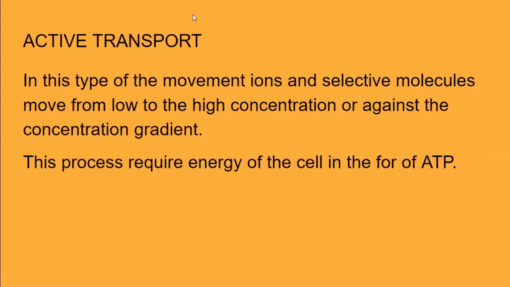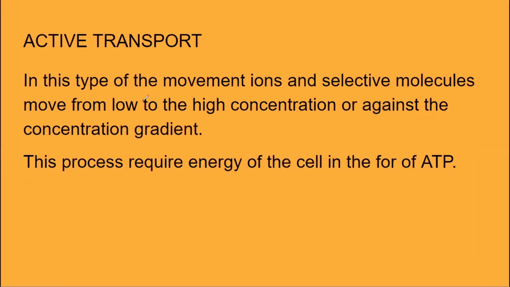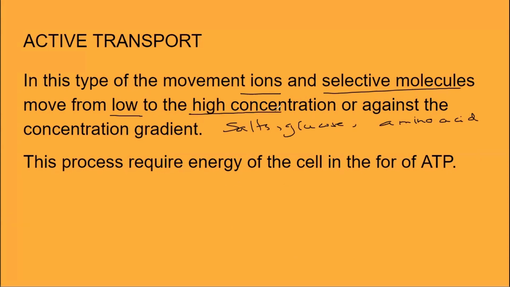What is active transport? Active transport is the movement of selective ions and particles, for example salts, glucose, and amino acids. They move against the concentration gradient, that is from low to high concentration, from the area where they are less to the area where they are more.